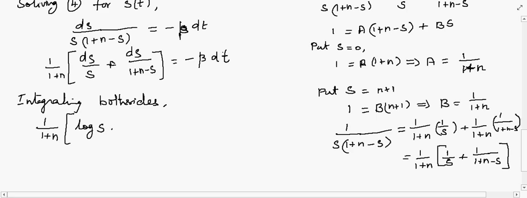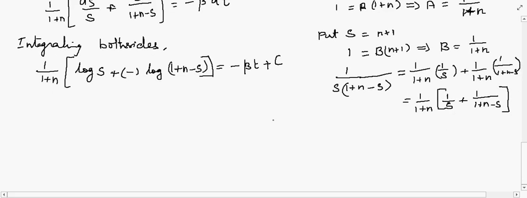Then plus, here in the denominator, s is with negative sign, so we will be getting minus 1 here into log of 1 plus n minus s equal to minus beta t plus arbitrary constant c.